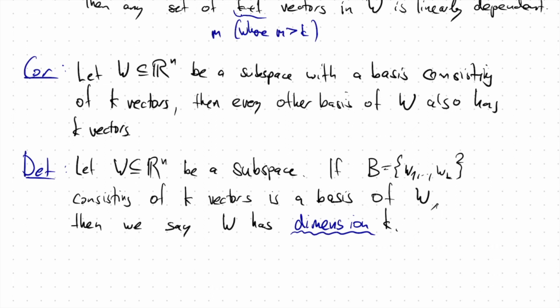We will also write dimension of W equals k. So given a subspace with a basis, the number of vectors in the basis we call the dimension of the subspace. And our corollary says exactly that it doesn't depend on which basis we choose. So that's a nice and important invariant of a subspace.